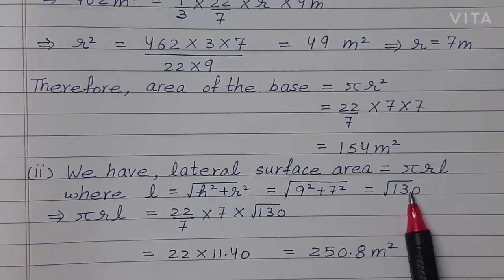Now students, we need to calculate the value of root 130 by the long division method. I hope you all remember. After solving this, we will get the value as 11.4. So the answer is 250.8 meter square.